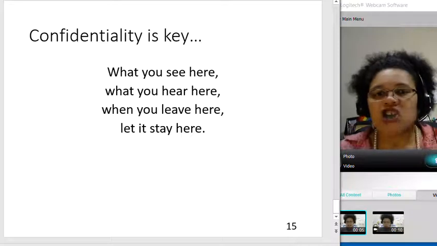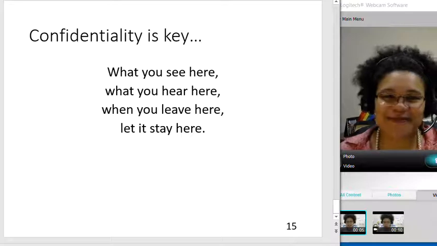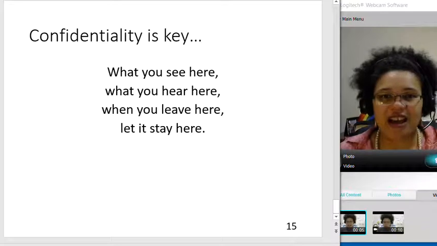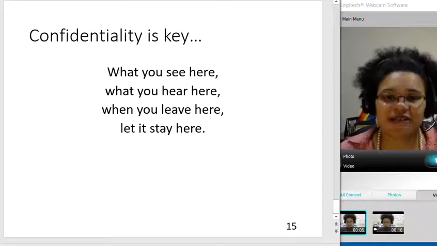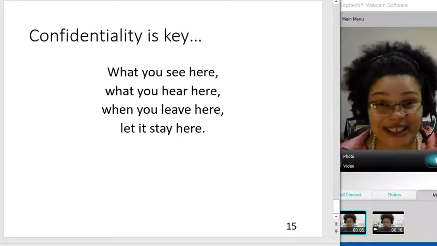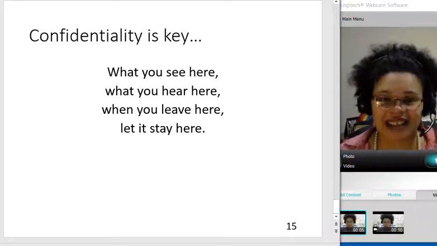There is a phrase that I think comes in handy in situations like this, and I hope that we can respect each other enough to hold to this in this class: what you see here, what you hear here, when you leave here, let it stay here.